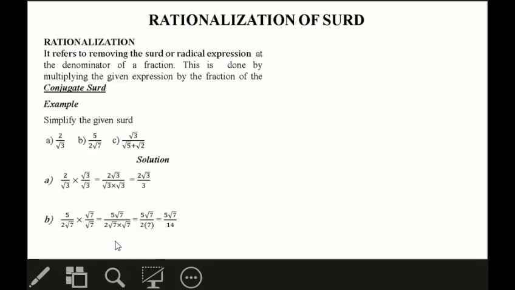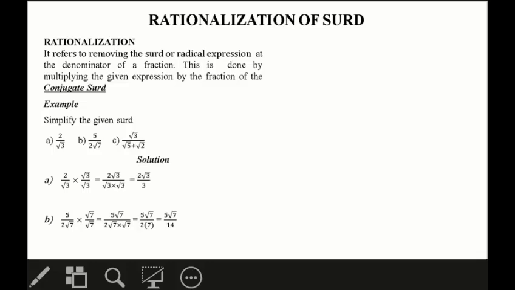But don't forget we already have a coefficient of 2 for the first expression. So we are going to have 2 times 7. So the numerator will still remain constant as 5 root 7. Then the denominator 2 times 7 will give us 14. And our final answer will be what? 5 root 7 all divided by 14.